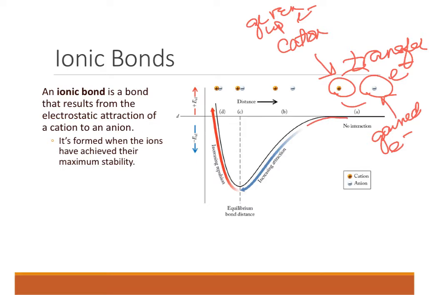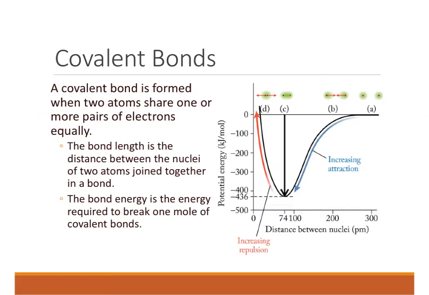Same thing, okay? They start approaching each other. Potential energy goes down. Very similar, not any significant difference except the distance, the bond length, and the bond energy. But a similar type of thing.